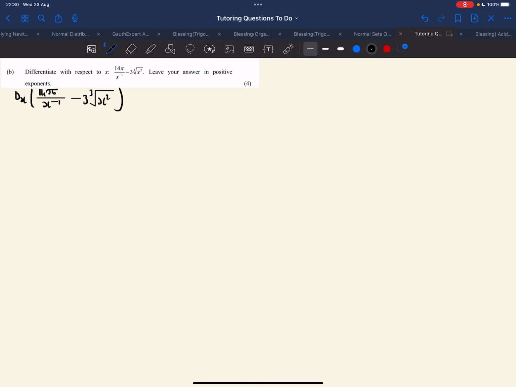All right, now what I want you to remember is that according to exponential laws, if we have 1 over x to the power of minus n, your answer is basically just going to be x to the power of n.